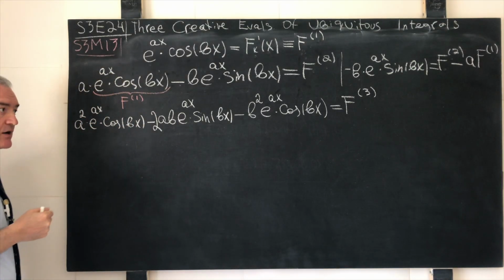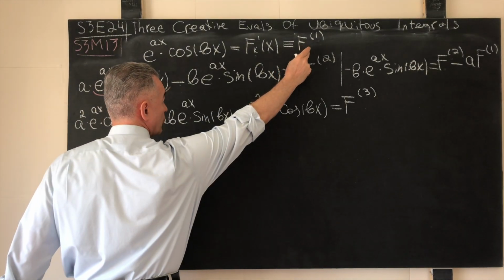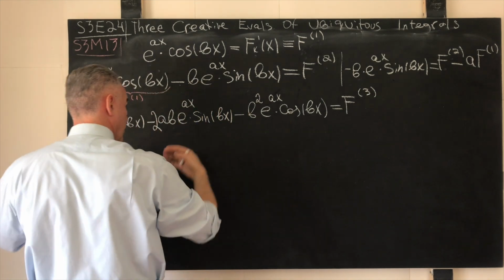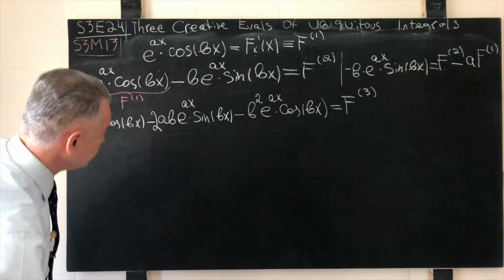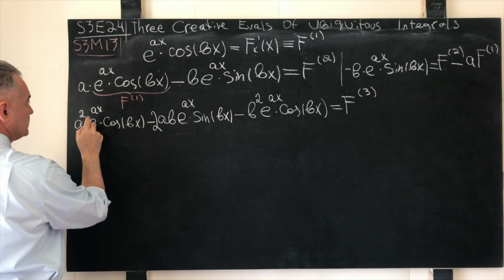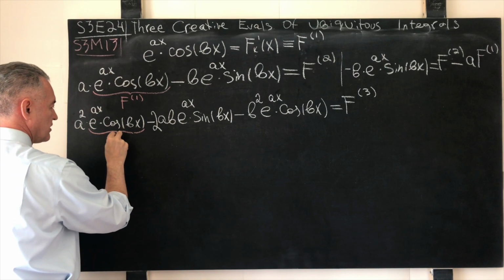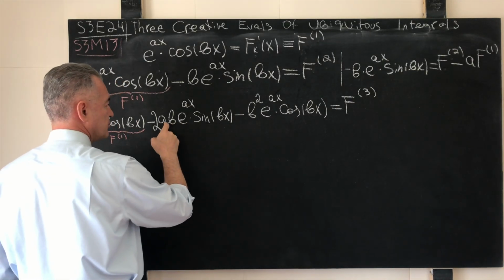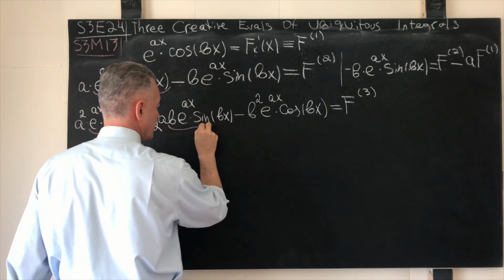Wonderful. Now what we do is we go back to our initial relation over here and this relation, and we bring all this material onto the left-hand side. So again, if that is easier for you, let's do this. e raised to the power ax times the cosine is what? This is, again, f, the first derivative. This guy, minus 2, this, we already know with the negative sign. We know what that is.